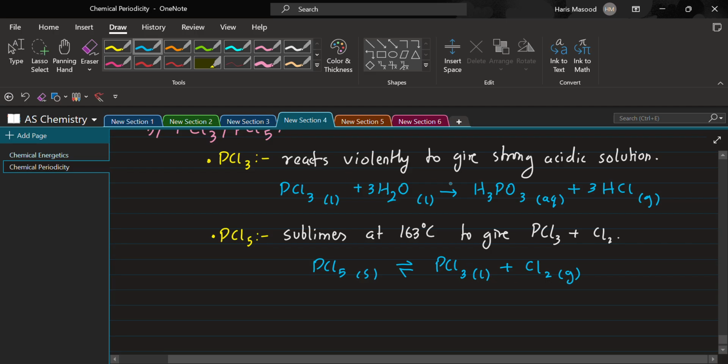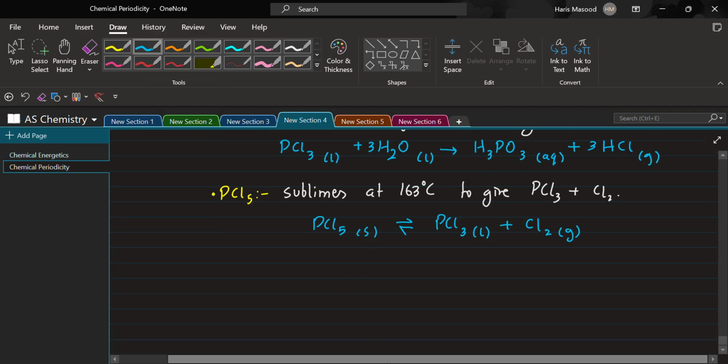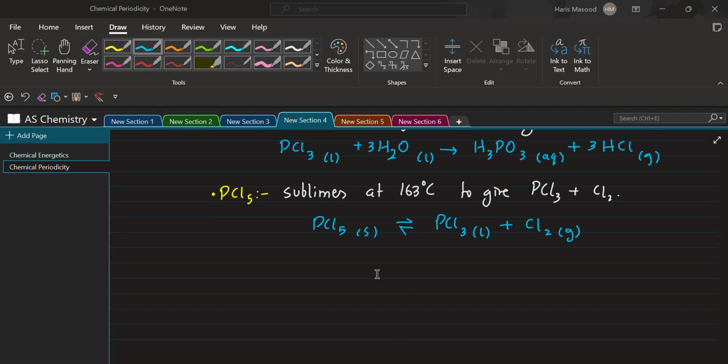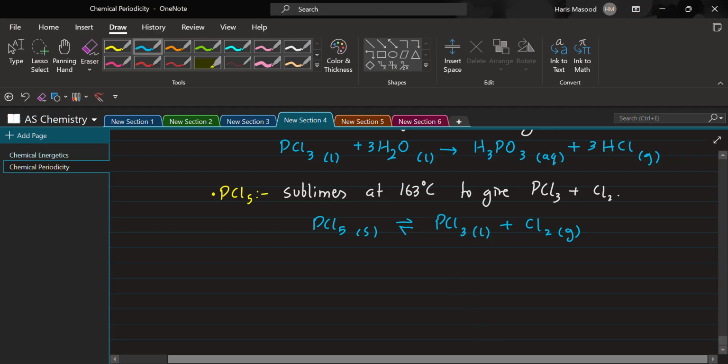Then PCl3 reacts with water to form the phosphorus acid. If we want to react PCl5 with water, it reacts again violently, same observation.